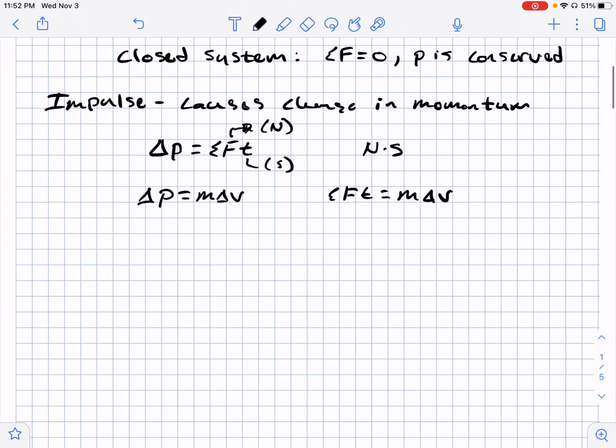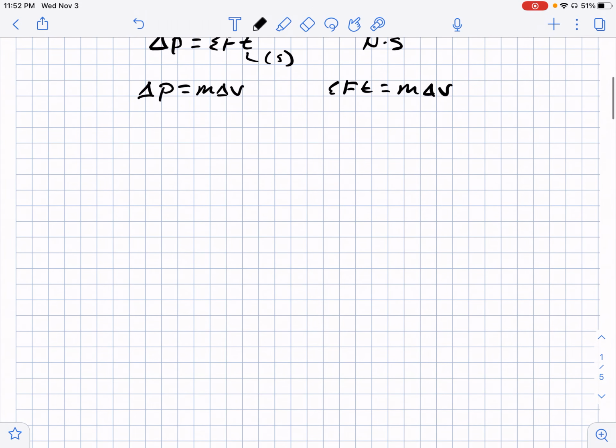And if that's the case, then we have another way that we could solve for the impulse on the object. So we would do that graphically. So let's look at a force time graph. So here's force in newtons and time in seconds. And let's say this is 1 newton and 2 newtons right here.